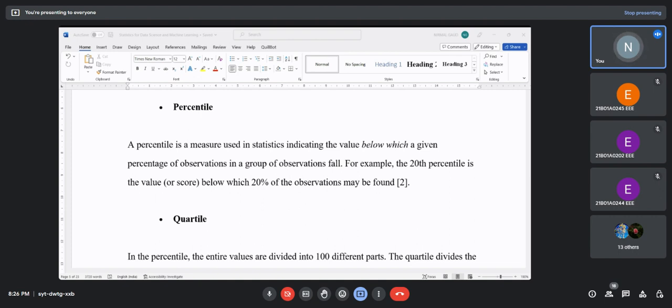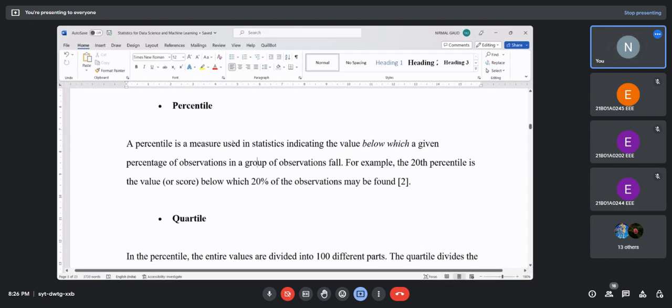So right now we are getting percentiles, not the percentage. Percentile is used in statistics indicating the value below which a given percentage of observations in a group of observations fall. That means the 20th percentile is the score below which 20% of the observations are found.